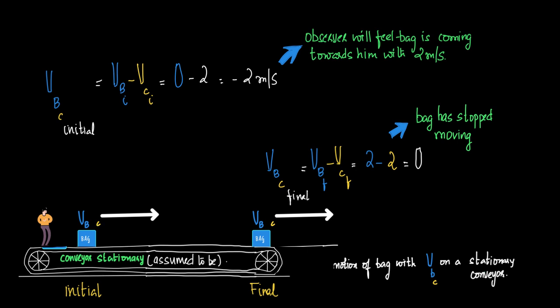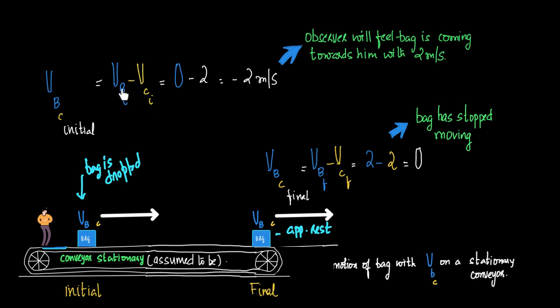Now, the initial condition represents when the bag is dropped, and the final condition represents when it is apparently at rest. So for the initial condition when the bag is dropped, velocity of bag with respect to conveyor means velocity of bag initial minus velocity of conveyor initial.